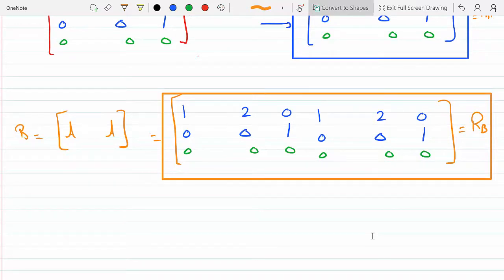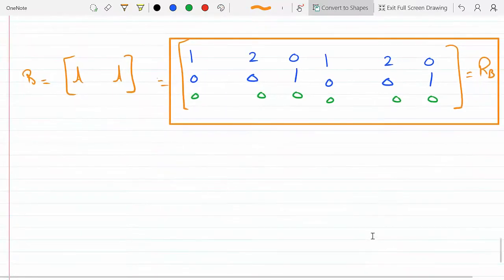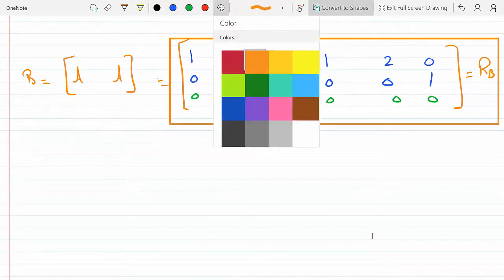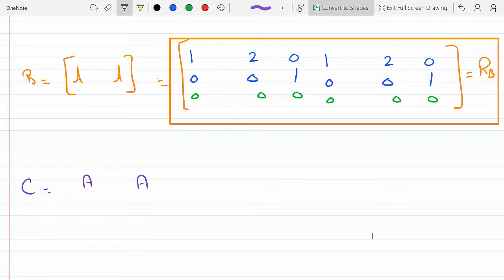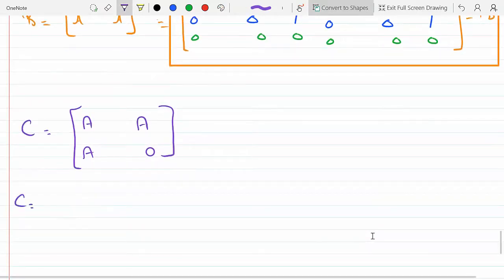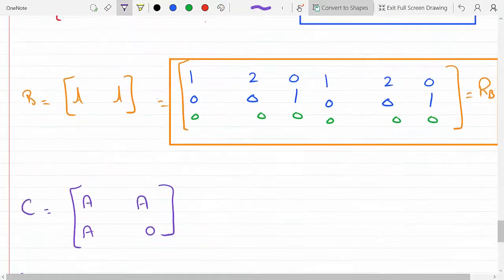And let's take a look at part C, or matrix C. Matrix C is matrix A, block matrix A, and then 0. This will be a bit big, so let's do it here.